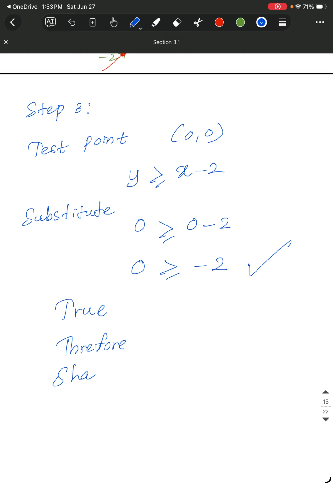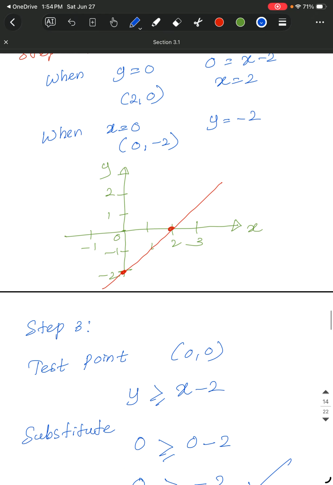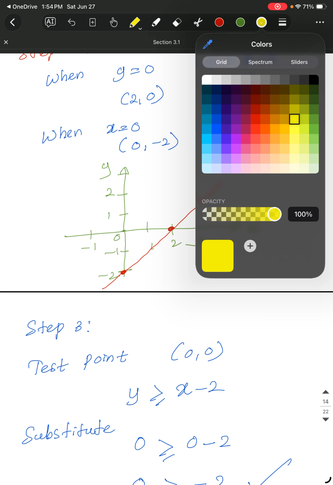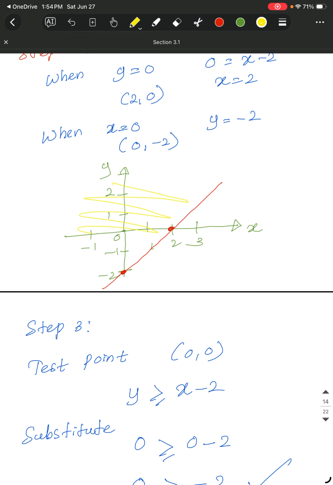Therefore, shade the side containing (0, 0). So the side would be this, the solution region.